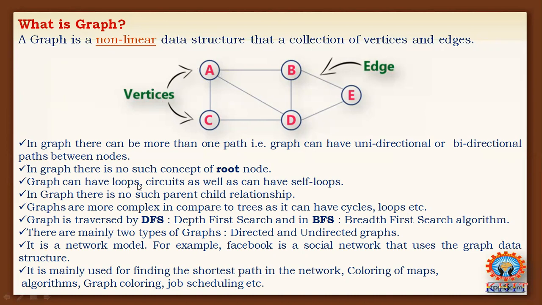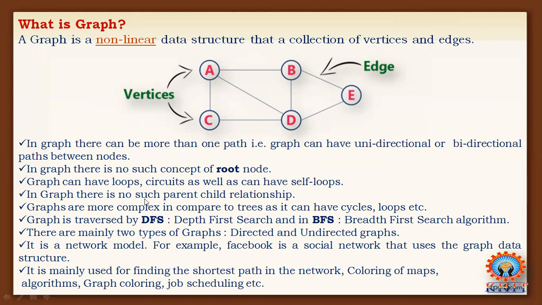Graphs cannot have loops, circuits in the sense of circles, as well as self loops. Always remember that a graph cannot have any loops or circuits, as well as self loops. If the graph has loops or self loops, we can automatically remove them.